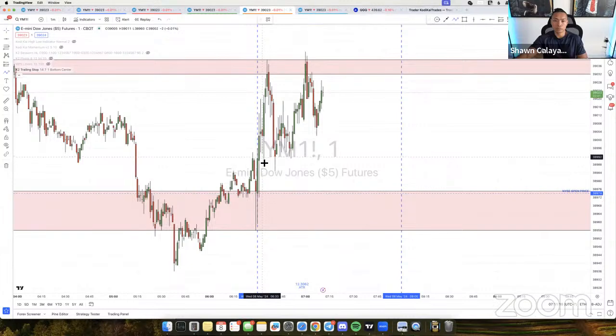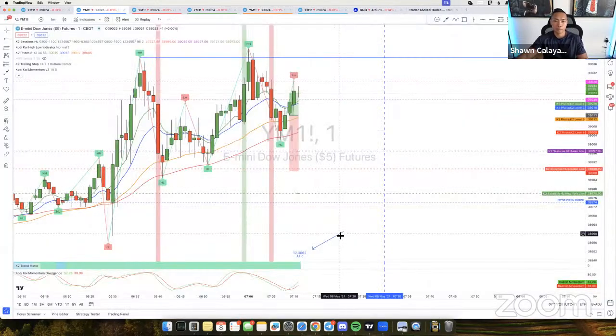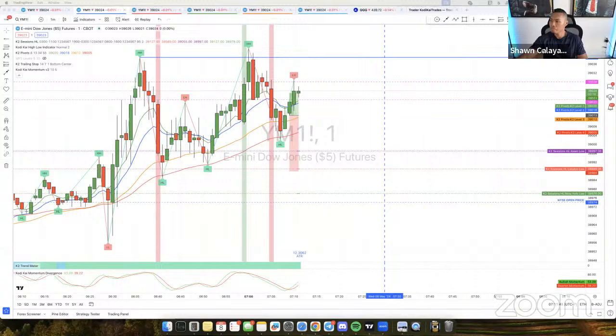Price is still sitting within the range. Nothing really exciting here, nothing to really work with. It's typical movement for this week. Is there something else here that I'm missing? Nope, nothing.